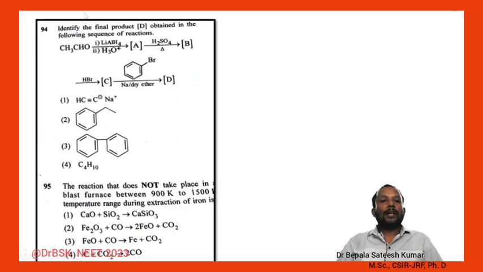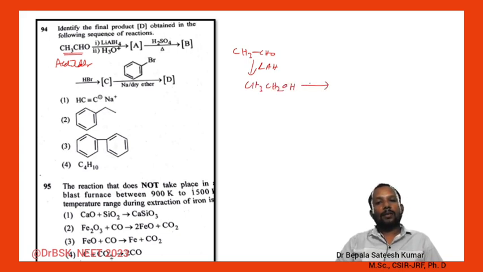Next is: identify the product. Initially acetaldehyde. Acetaldehyde on reduction with LiAlH4, lithium aluminum hydride, forms ethyl alcohol. This ethyl alcohol with H2SO4 on heating undergoes a dehydration reaction. An elimination reaction takes place, removing an H2O molecule to form ethylene.